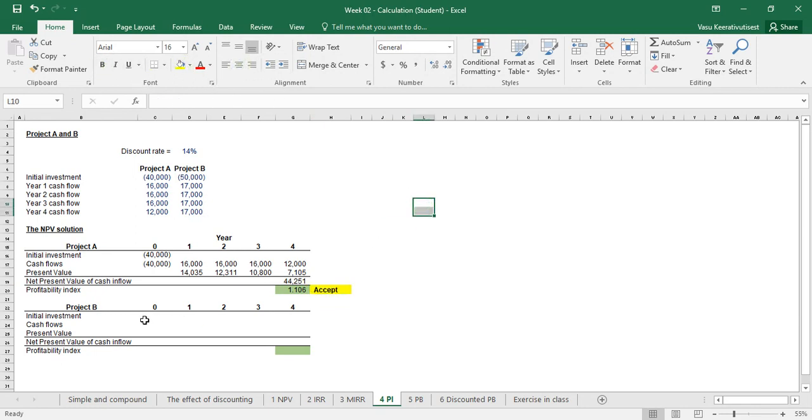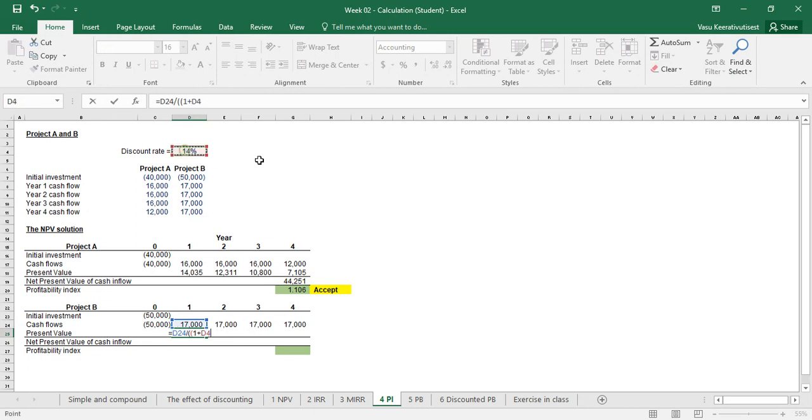Let's work on project B together here. It is equal to 50,000, 50,000, 17,000, 17,000, and 17,000. I will do the same thing. It is equal to this one divided by 1 plus discounting rate, and then discounted by this number.